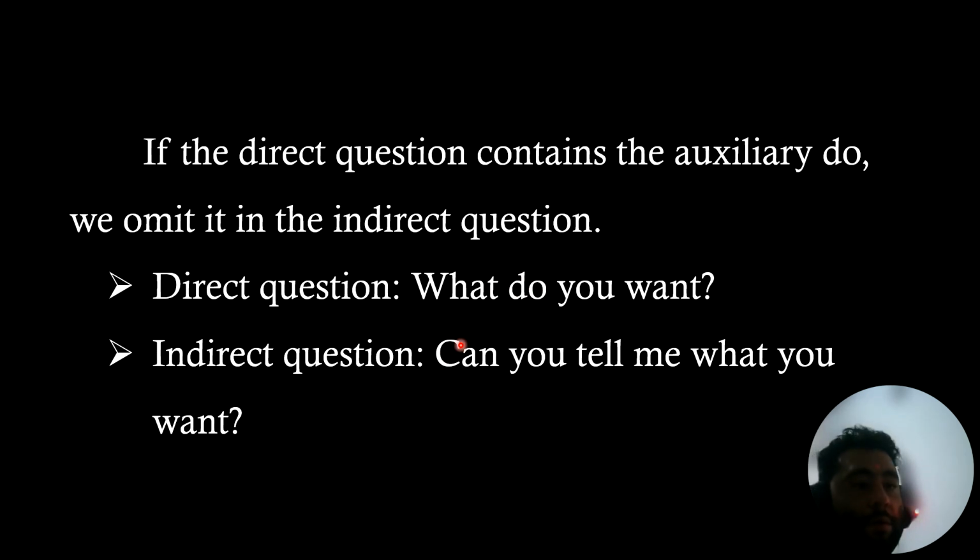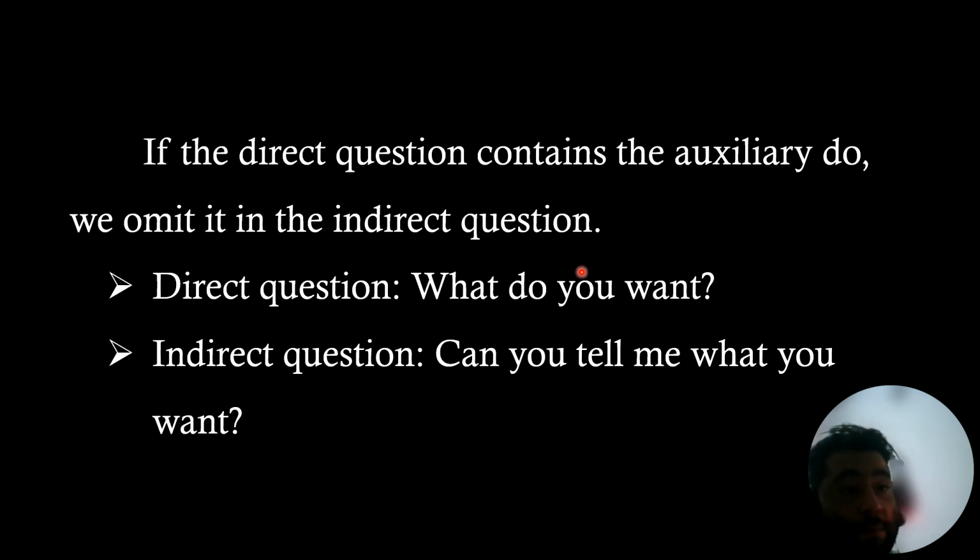Why? Because when we transform and you tell me what you want, in which case the direct question, what does he want? In that case, we need to transform the verb. And you tell me what he wants. We need a final S in the verb.